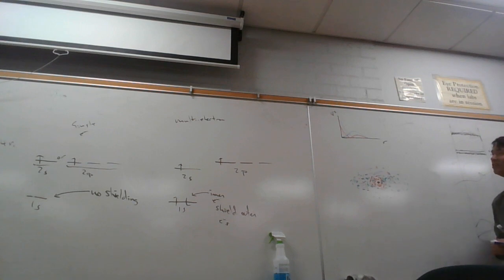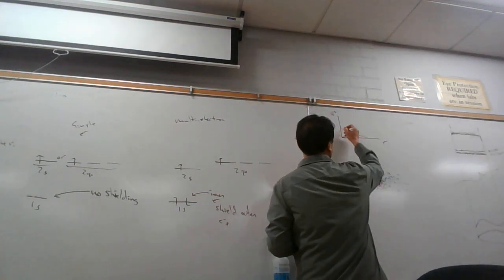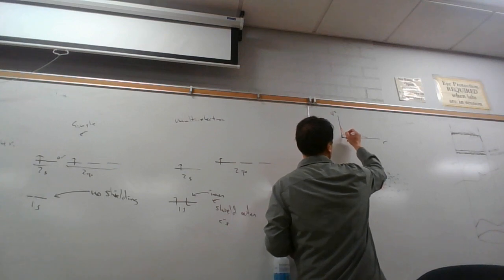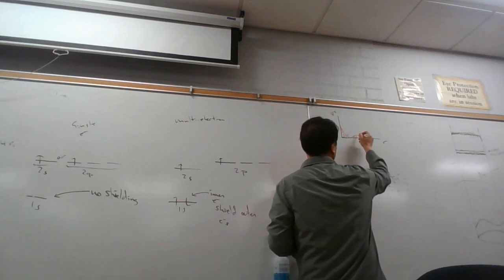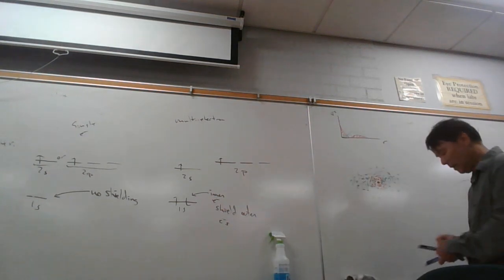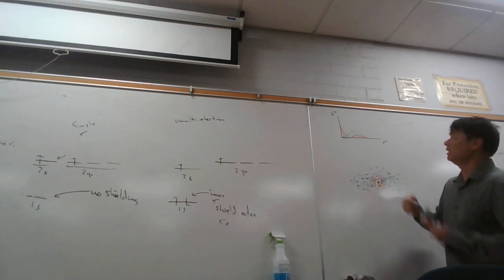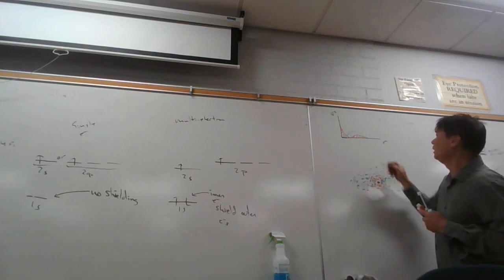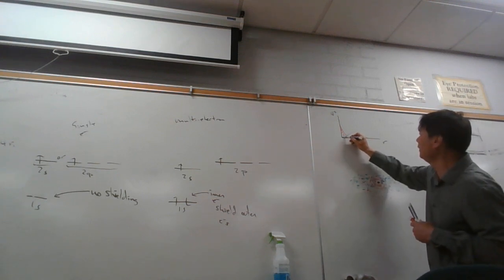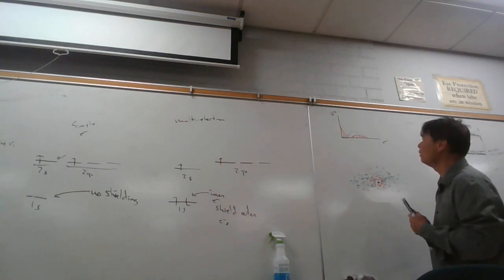Now, even though the 2s and the 2p have the same effective distance, they're different in terms of what we call penetration. In other words, the 2p orbitals are less penetrating than the 2s orbitals.